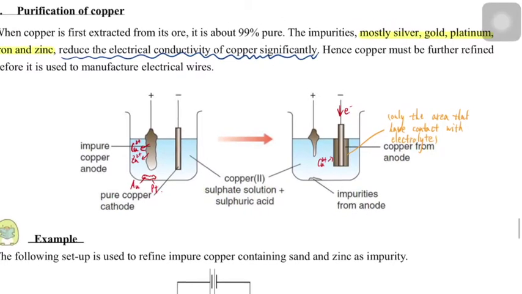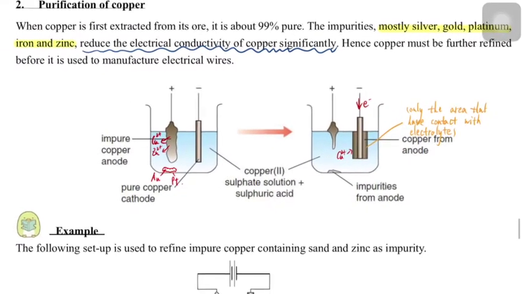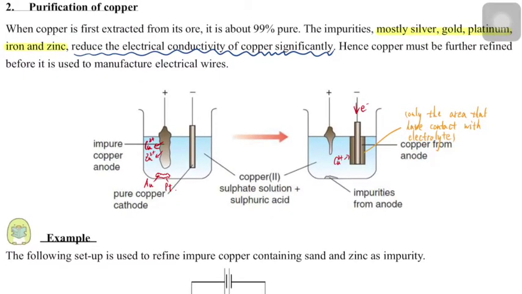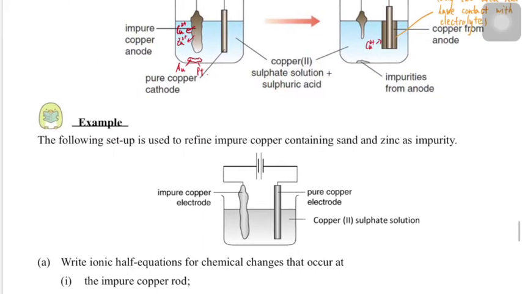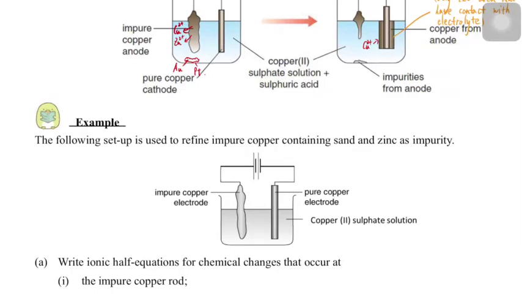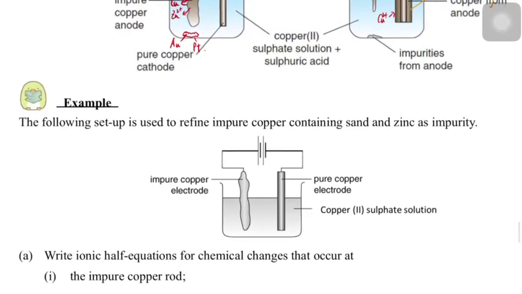So let's take a look at the questions related to purification of copper. So here in this question, it shows a setup to refine impure copper containing sand and zinc as impurity. So remember last year we mentioned the component for sand is mainly silicon dioxide, okay, and then zinc.